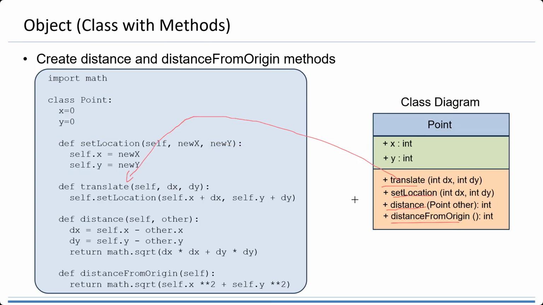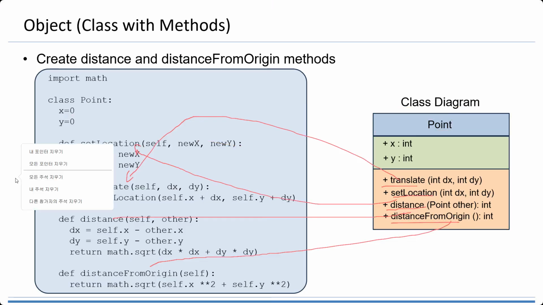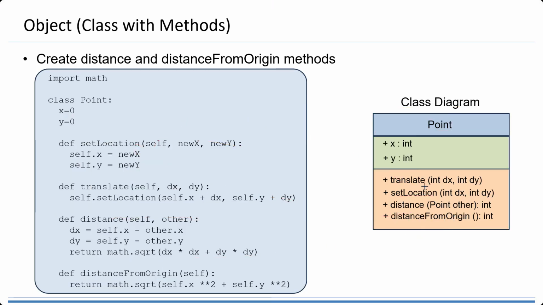Translate, set location, distance, and distance from origin. And then you can see there are 2 parameters on the translate, the x and the y. There are 2 parameters on the set location. Oh, this one should be new x, new y. Okay. Distance, we have other.